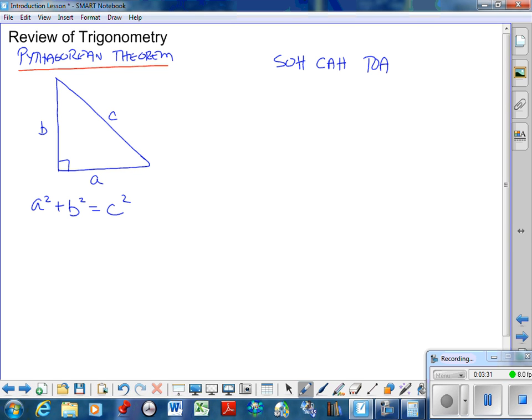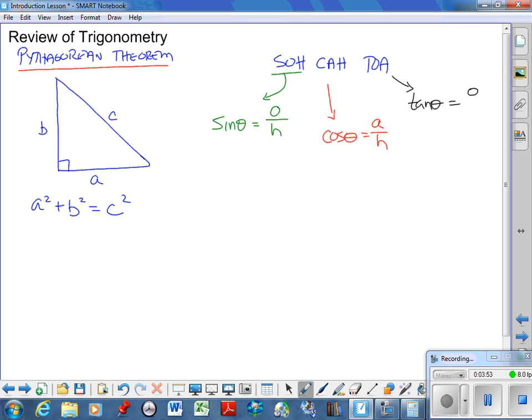I also need you to be able to do your primary trig ratios, so SOHCAHTOA. Also extremely important, you know that the SO is sine theta equals opposite over hypotenuse. I need you to know that CA is cos theta equals adjacent over hypotenuse. And I need you to know that tan theta equals opposite over adjacent.